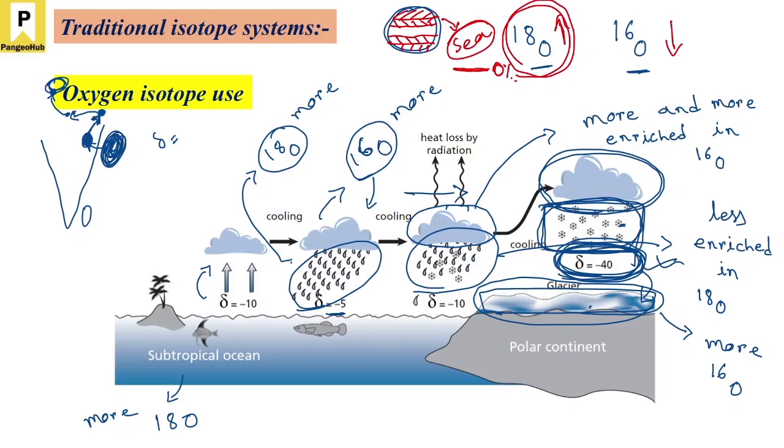So we can see that the glaciation deglaciation cycle can be addressed by this 18O 16O parameter.